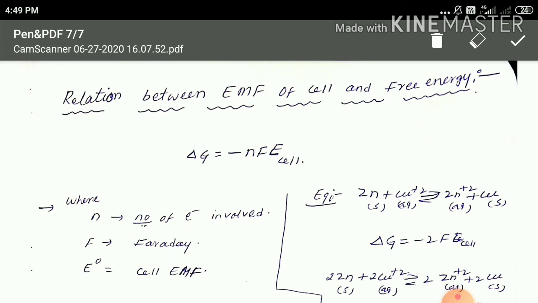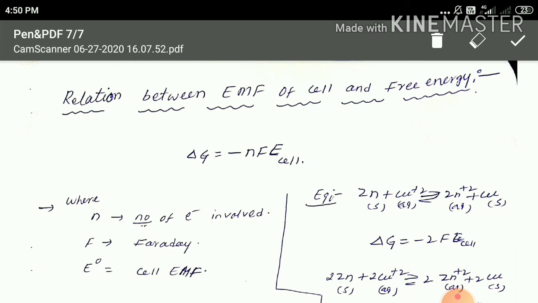For example, zinc plus Cu2+ ion gives rise to Zn2+ and Cu. In this reaction, zinc loses 2 electrons and copper gains 2 electrons. Overall 2 electrons are involved in this reaction. That's why delta G is equal to minus 2F E cell. When the stoichiometric coefficients are changed in the balanced chemical equation, what happens?